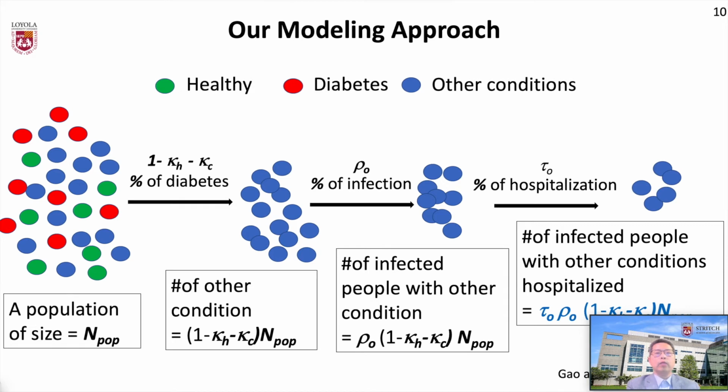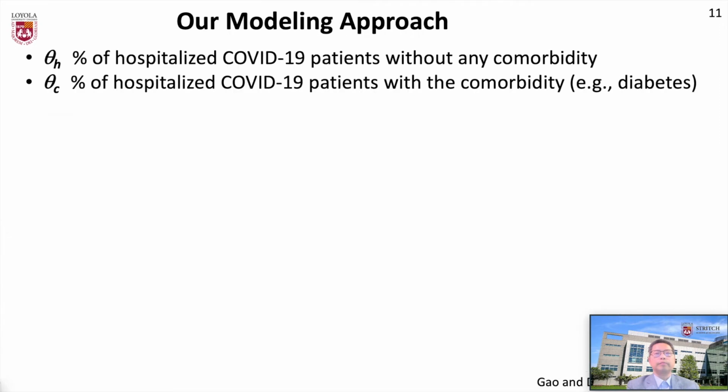Then the rest of the logic is the same as in the previous two slides, and we can infer that the expected number of infected people with other types of comorbidities who are hospitalized should be tau O times rho O times 1 minus kappa H minus kappa C times N-pop.